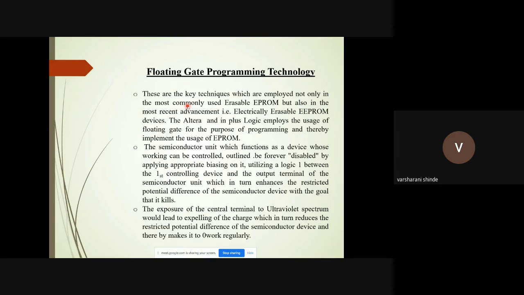Pulse logic is employed using the floating gate for the purpose of programming, and thereby implementing the uses of the EPROM.